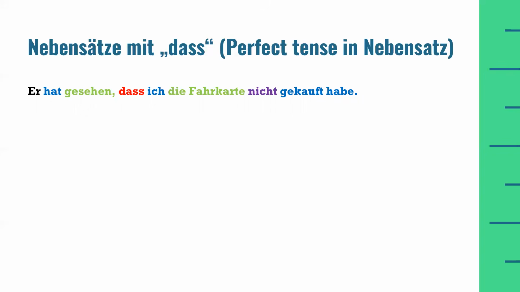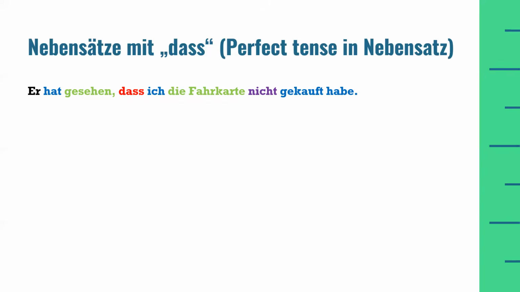If we look at the sentence structure, dass is at the first position. At the second position we have the subject of the sentence, which is ich. Then comes the object, die Fahrkarte. Die Fahrkarte is the object of the sentence because it is being purchased, and we know that the object of the sentence is always accusative case.